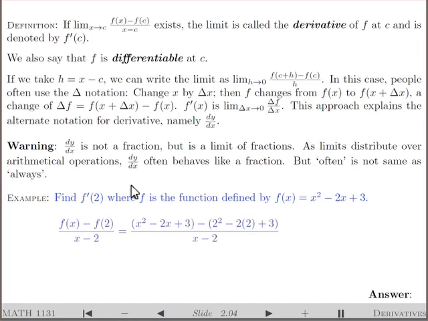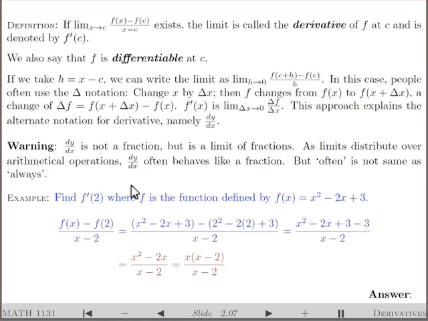That difference is divided by the change in x, x minus 2. Let's simplify the numerator. 2 squared minus 2 times 2 plus 3 is 3. So I have x squared minus 2x plus 3 minus 3. If I combine the like terms, 3 minus 3 is 0. So I have x squared minus 2x in the numerator. I can factor out an x, giving me x times (x minus 2).